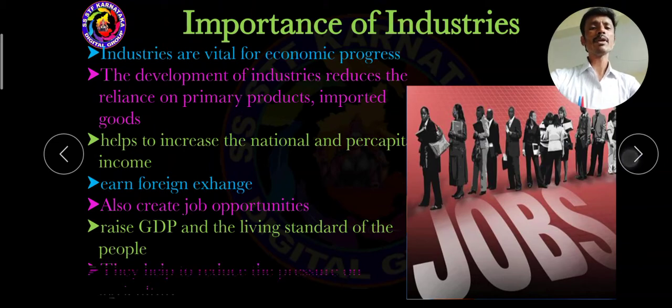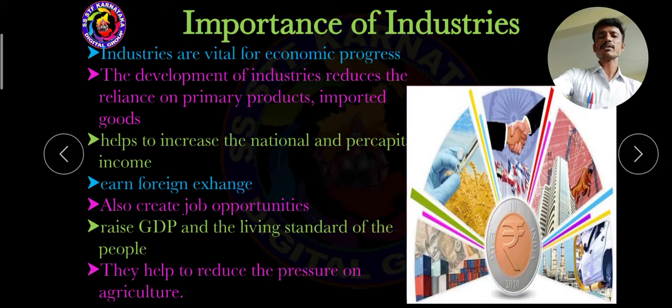Industries also reduce the pressure on agriculture, because the majority of the people in our Indian country depend on agriculture, around 65 percent or above. Agriculture is the backbone of our nation, but the rain is unevenly distributed throughout the country.